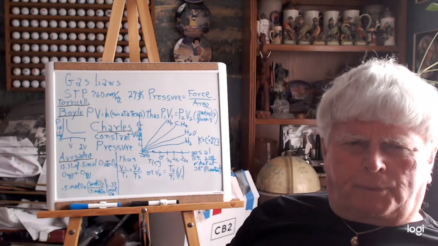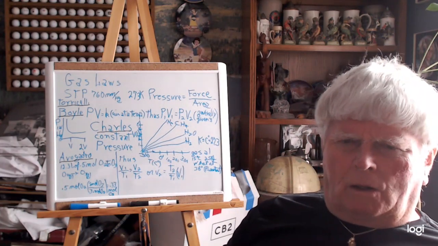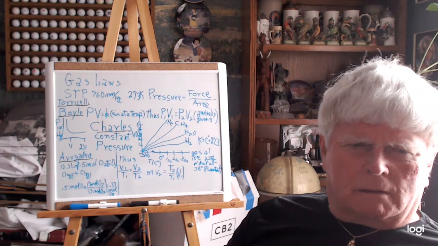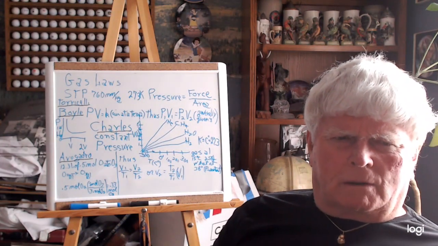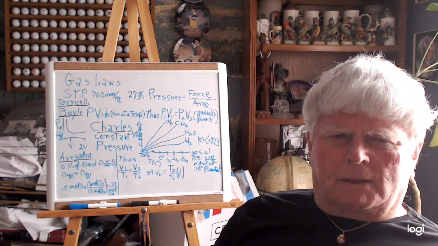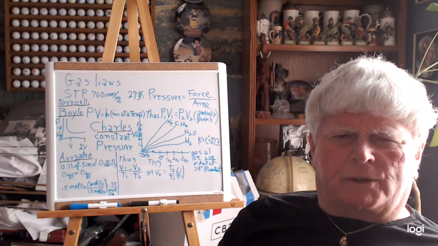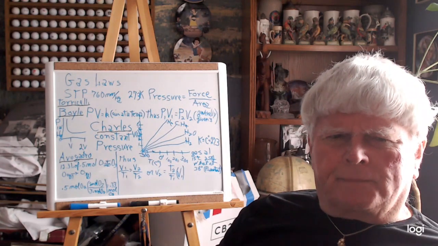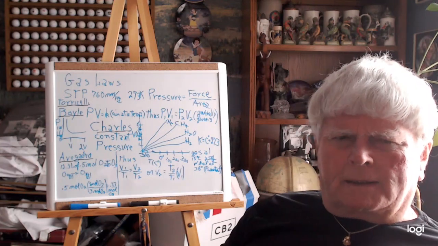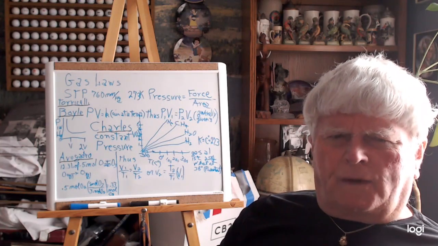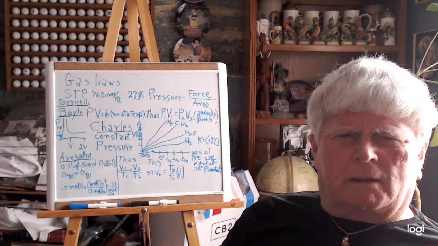The next purveyor of law was Charles. Charles's law basically says that with constant pressure, gases change volumetrically based strictly on temperature.